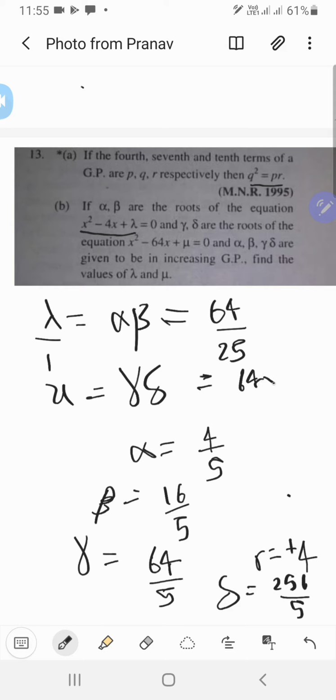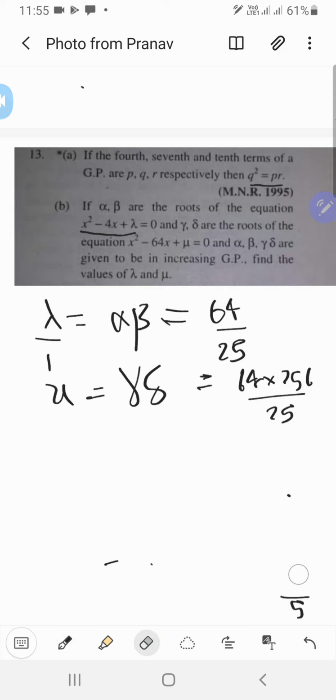So 64 into 256 upon 25. Okay, so 64 into 256, just need to calculate this now.